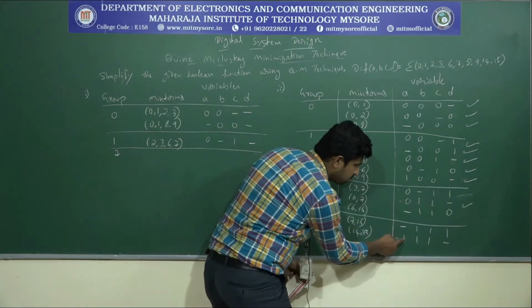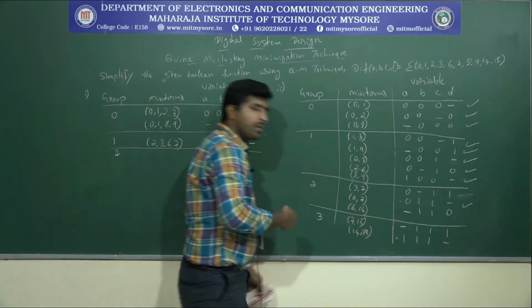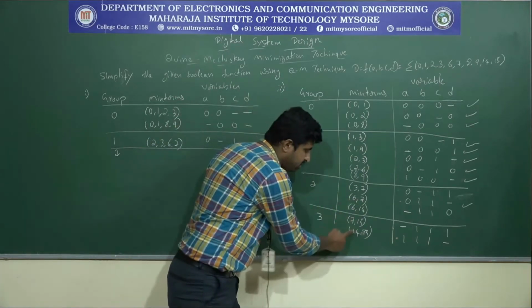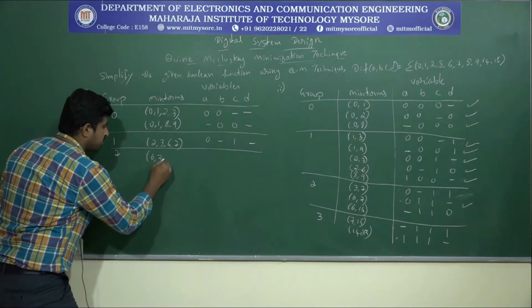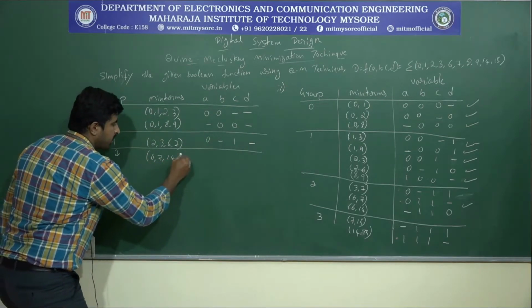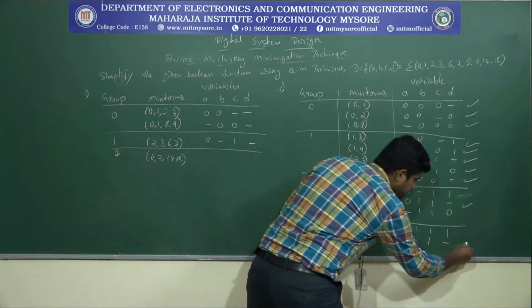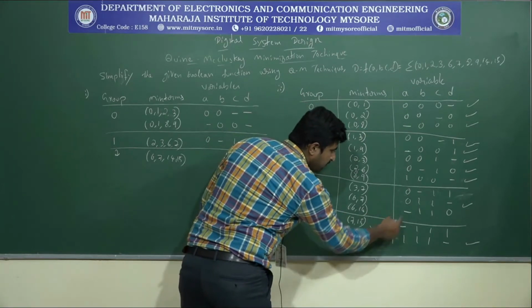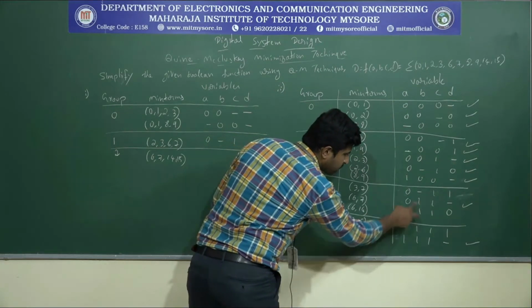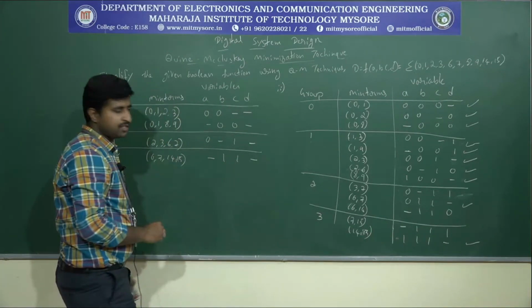One bit differs, 1 1 1 1, so we can group 6, 7 with 14, 15. So 6, 7, 14, 15 is covered, with the variables dash 1 1 dash.